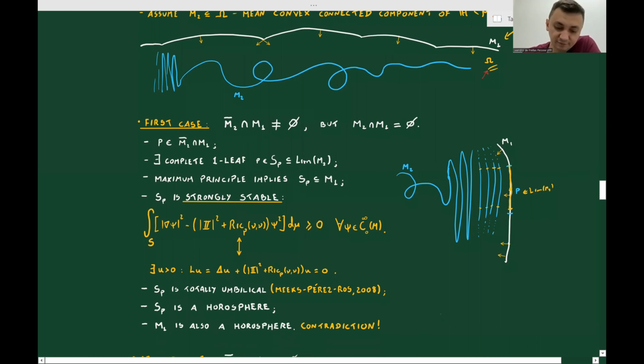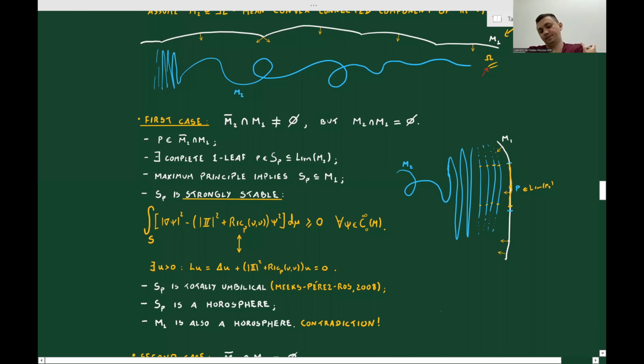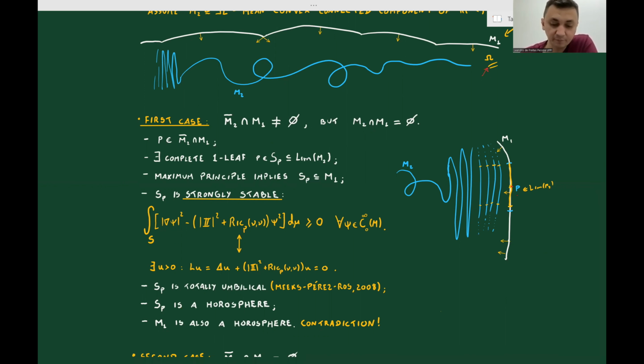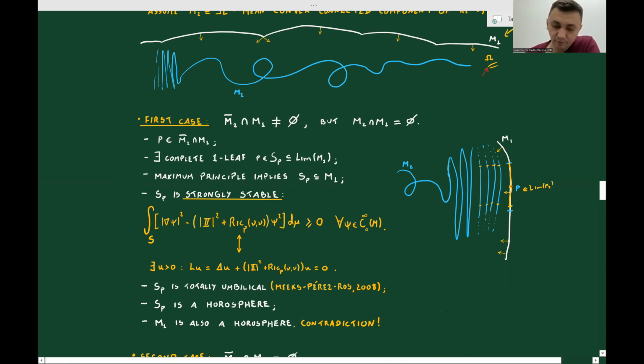Okay, so in this case, we know that M2 has bounded curvature, so we will use this assumption in a strong way. So first thing here, we pick a point P in this intersection, because we are assuming that it's not empty. And the first claim is there is a complete one leaf passing through P and inside the limit set of M2.